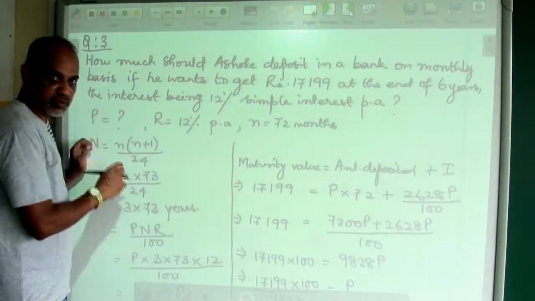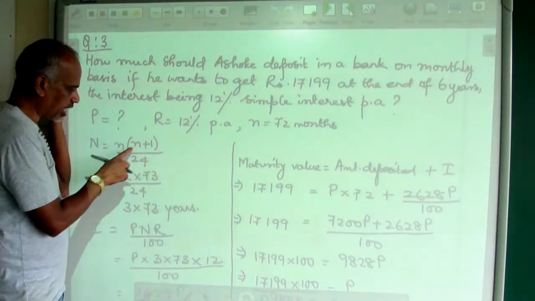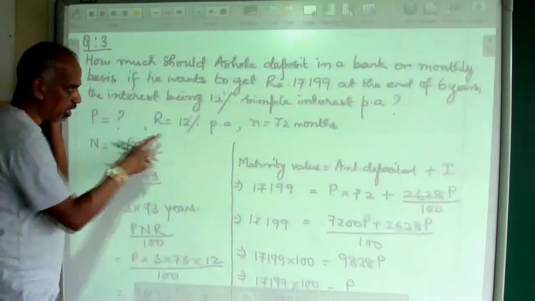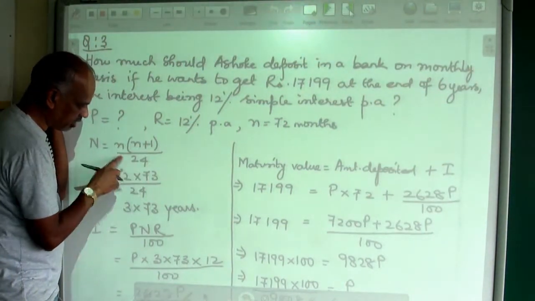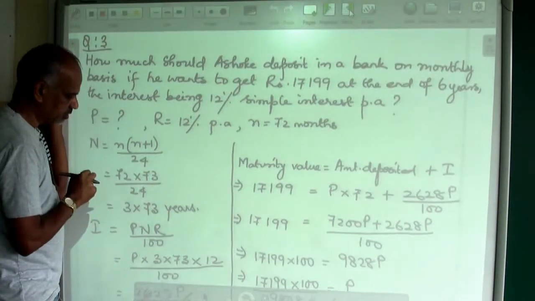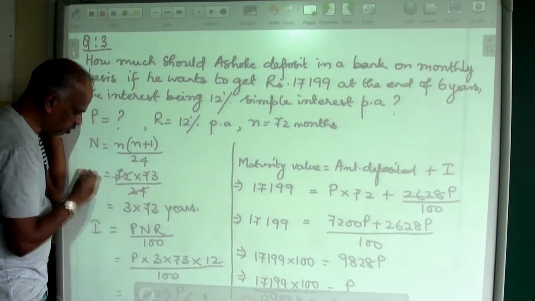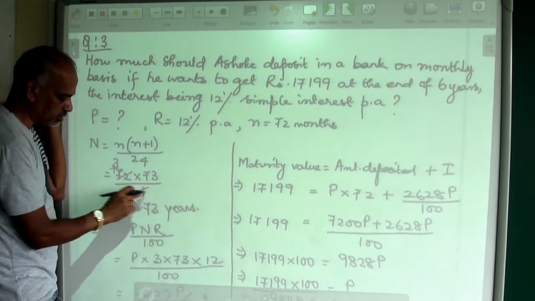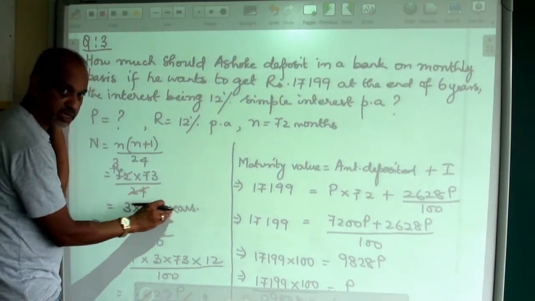So our first calculation is finding capital N. Capital N is small n times n plus 1 divided by 24. Small n is 72 into 72 plus 1, that's 73, divided by 24. You can simplify this. 24 and 72 both can be divided by 24. That will go thrice, this will go once. So you are left with 3 into 73. That's what is here in years.